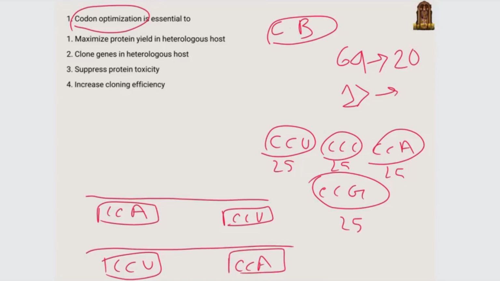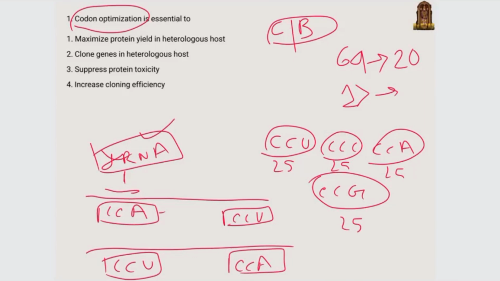So this codon biasness is like a defensive feature. In the human system, when CCA gets more preference, the tRNA having the anticodon sequence for CCA would be higher in number, in an abundant amount.